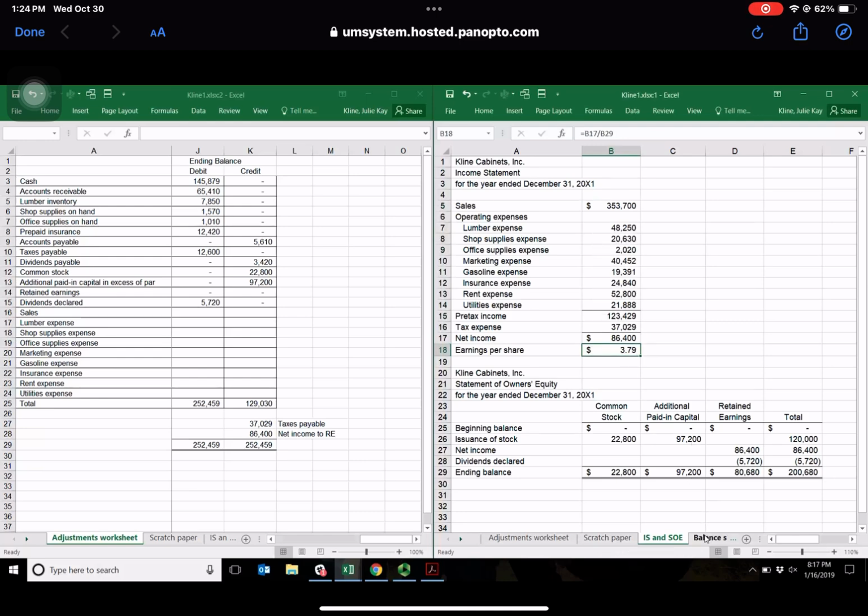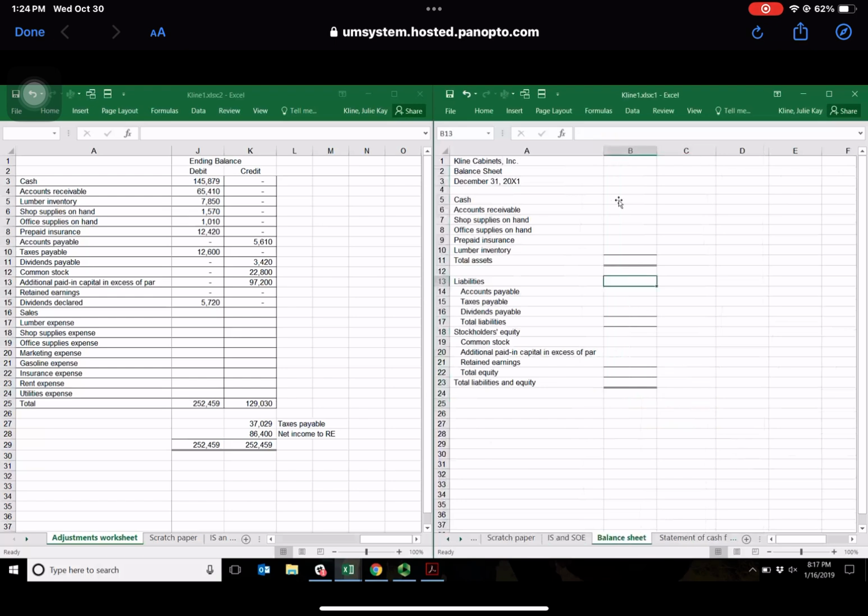All right, let's look at the balance sheet. So your balance sheet is similar. We need to get it formatted appropriately and get all the accounts in there. And once you do that, then you can just pull over, other than taxes usually, everything just pulls right over.